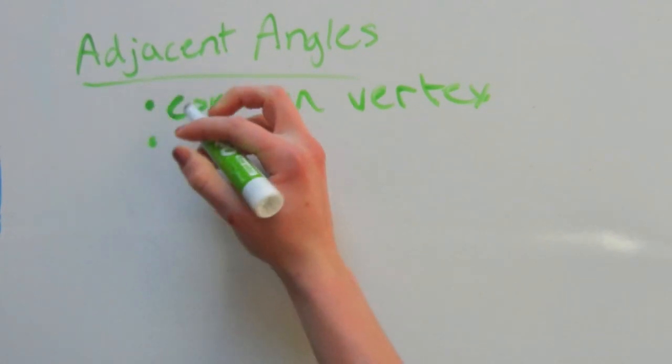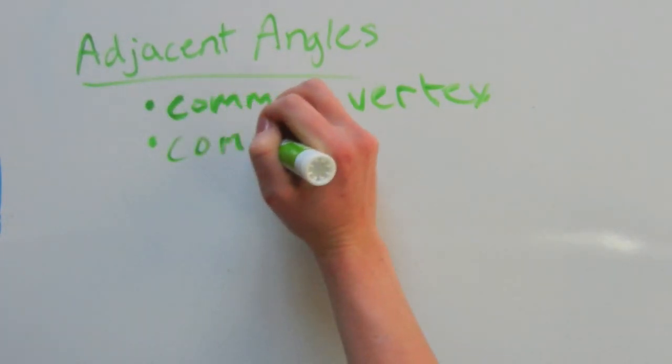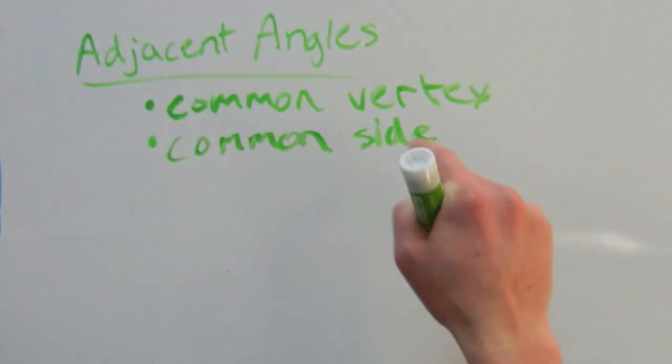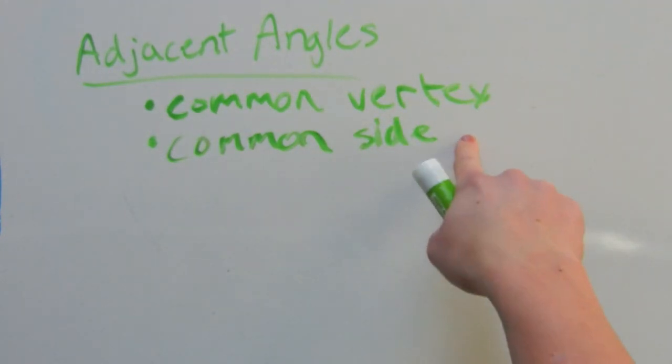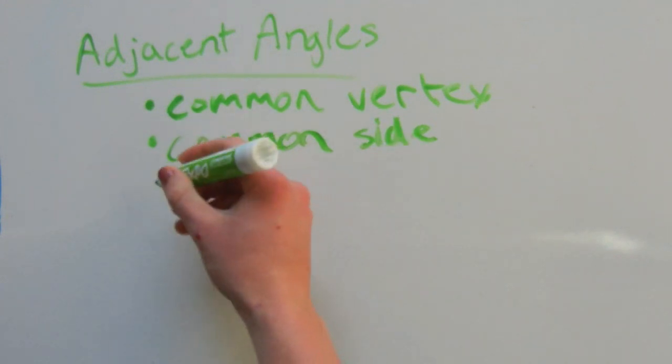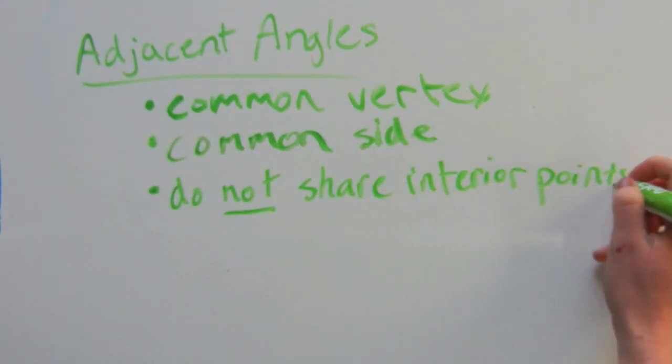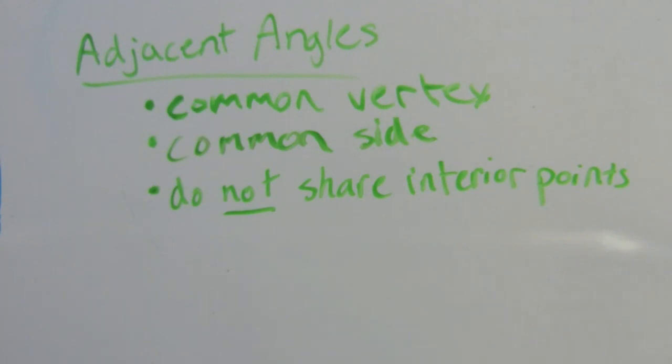They would also have a common side. But they do not share interior points. So, 1 common vertex, 1 common side, and they do not share any interior points.